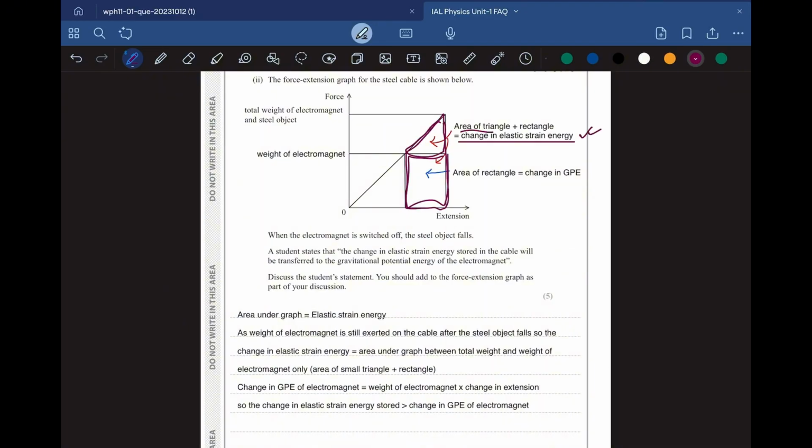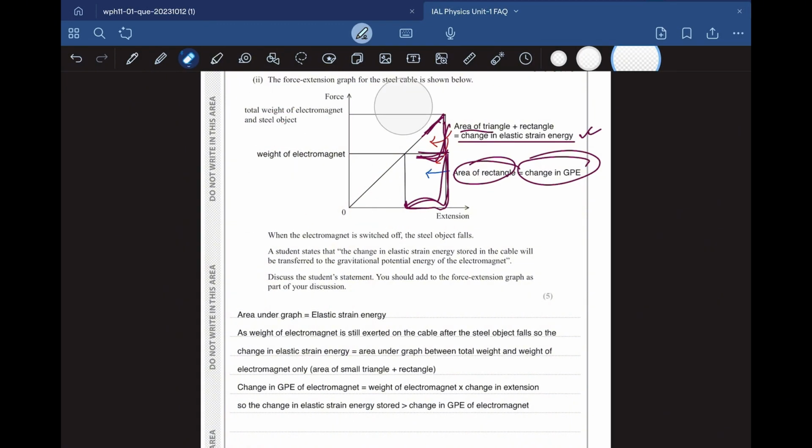The change in elastic strain energy is the area of this triangle plus this rectangle, but the area of the rectangle is the change in the gravitational potential energy. It includes only the weight of the electromagnet, while the whole graph includes the total weight of the electromagnet plus the steel object. So basically, this is the main concept. Okay.